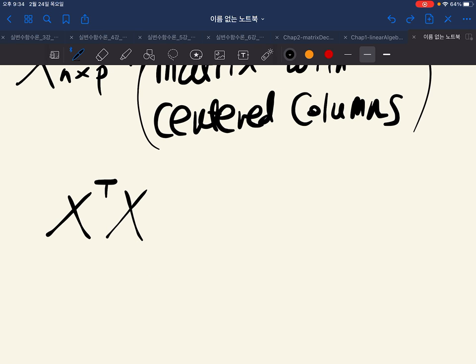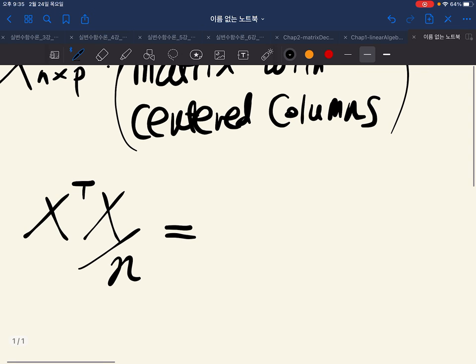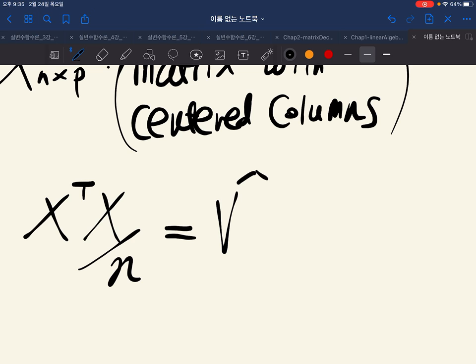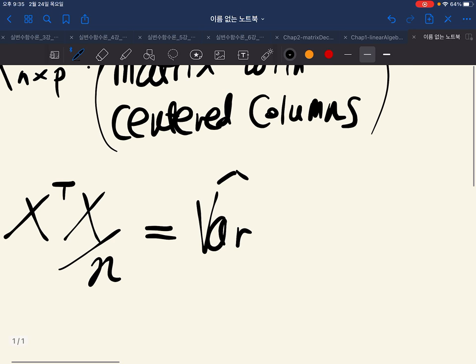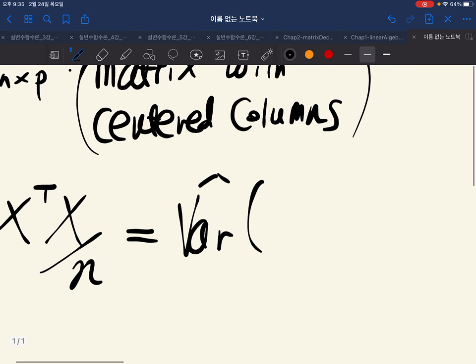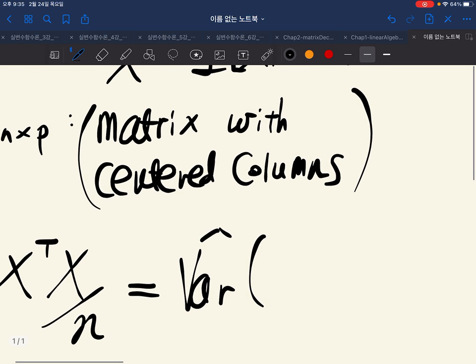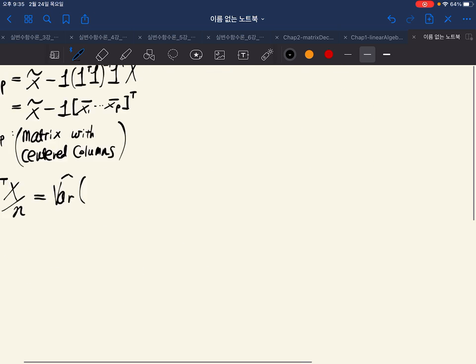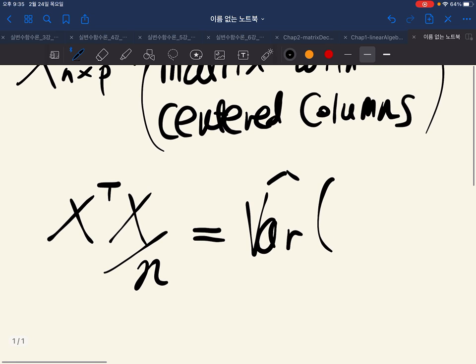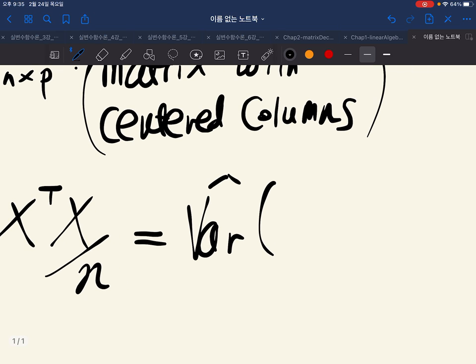Or simply we do not need to divide it by a scalar, and then it can be understood as an unnormalized version of the sample variances and covariances. And yep, this is an estimated version of the, let's say, I will denote it like this.